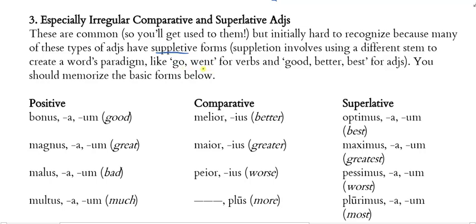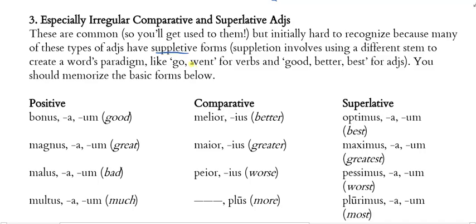And went and go are not related to each other in terms of actual base or stem. And then for our adjective for good, we have good, comparative better, superlative best. You can see that better and best are related to each other, but they're not related etymologically to good. Good comes from a different root or stem.